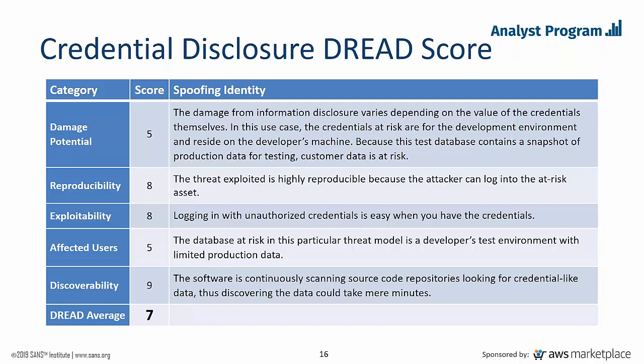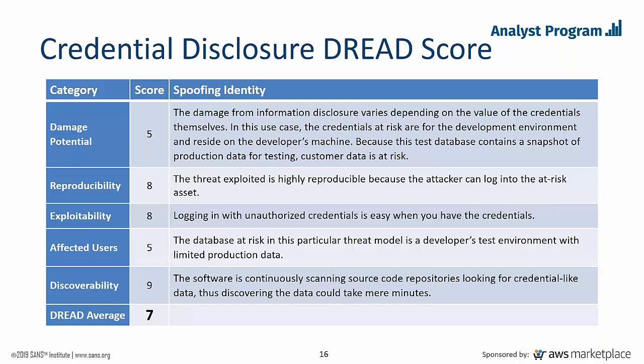It's easily reproducible. If I can log in once to a database, I can log in twice or 50 times. Exploitability is fairly high. It's logging in, it's making that DBA connection or database connection. It's fairly easy to do that if you have the credentials. I'm also making the assumption that the database is accessible by the attacker and all that kind of stuff.